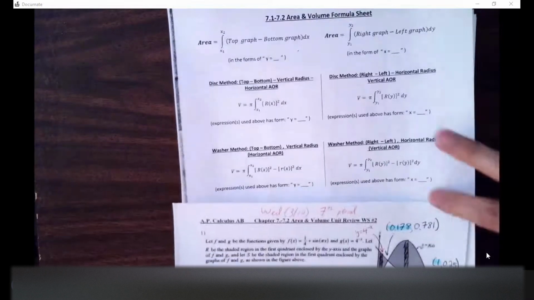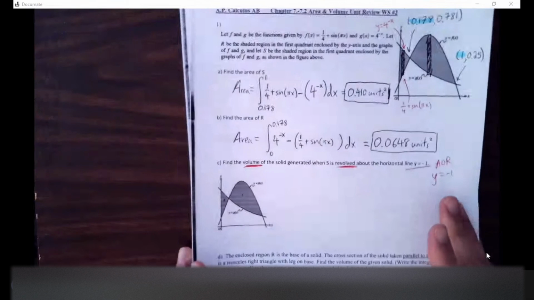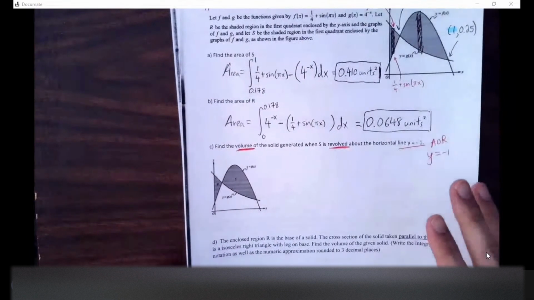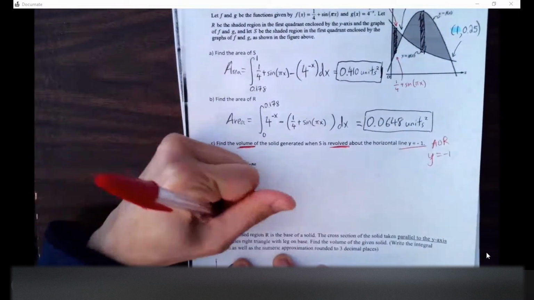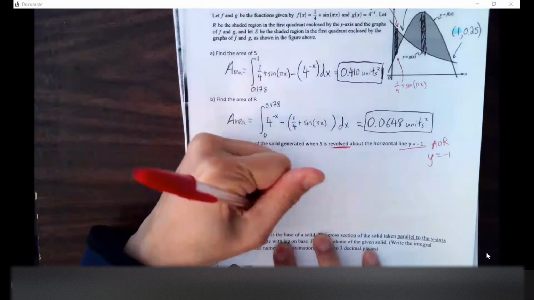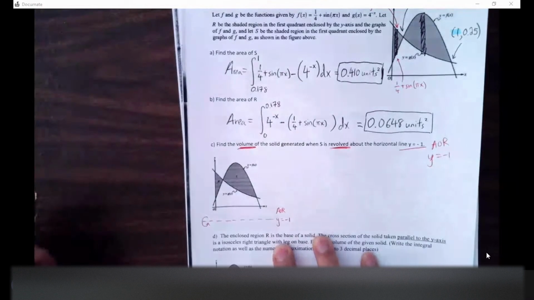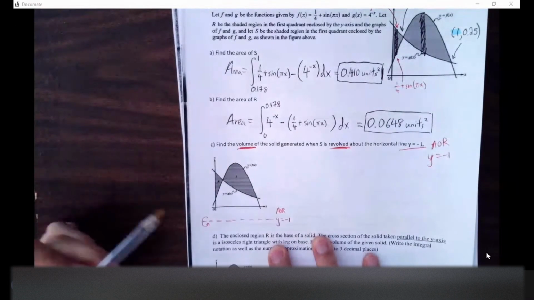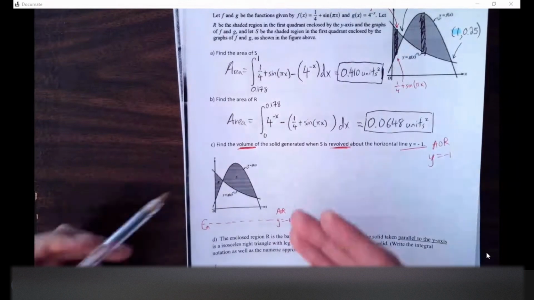So we have to make a decision here between our two methods that involve rotation, but we first want to see where that axis is in relation to our shaded region. So y equals -1, that's going to be down here. Okay, so now we have to decide, right?